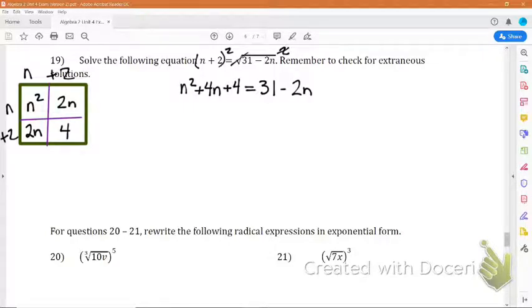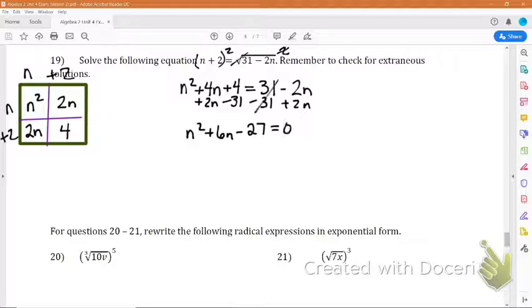Now you just have a quadratic, you need to move everything to the left side and use your asterisks. So subtract 31, add 2n. So n squared plus 6n minus 27 equals 0.